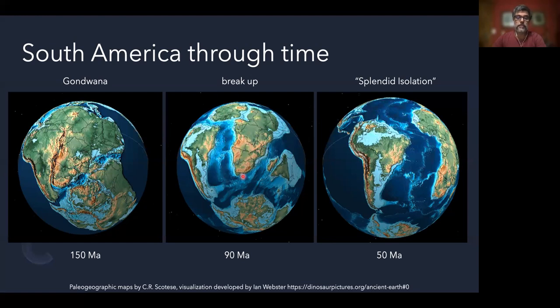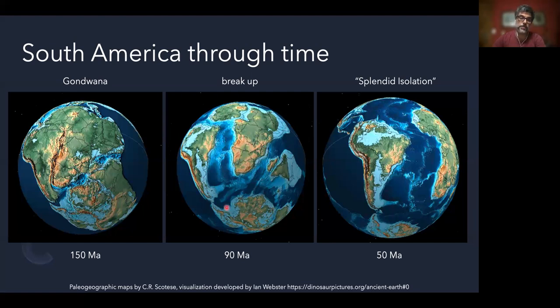As time passed by, at about 90 million years ago, we already have a clear separation between South America and Africa, but we still have a connection between South America and Antarctica, and also Antarctica to Australia. That's very important for biodiversity because animals and plants could move around here.